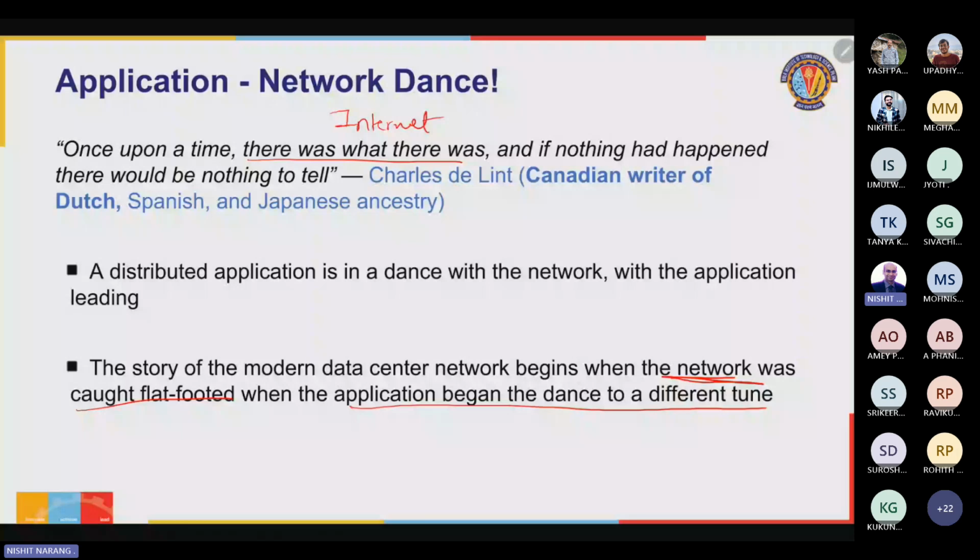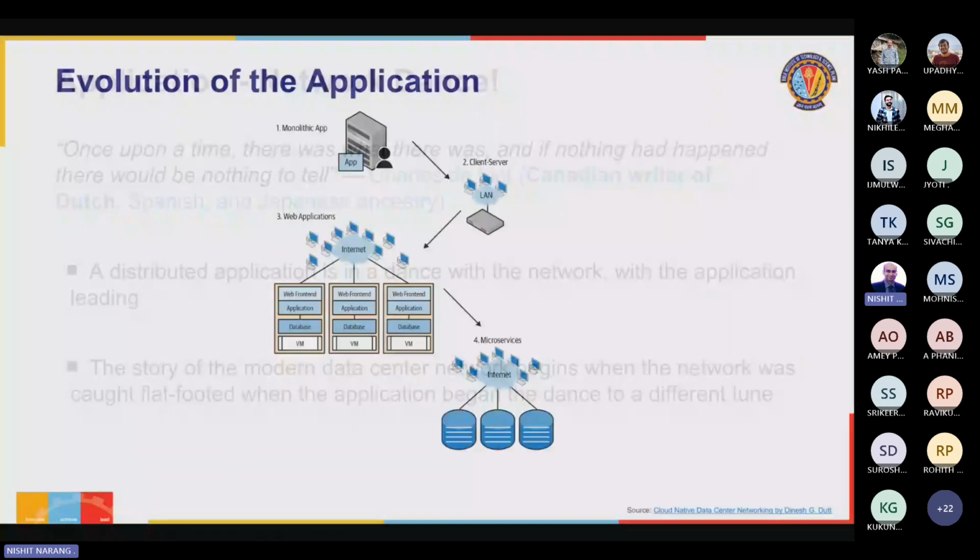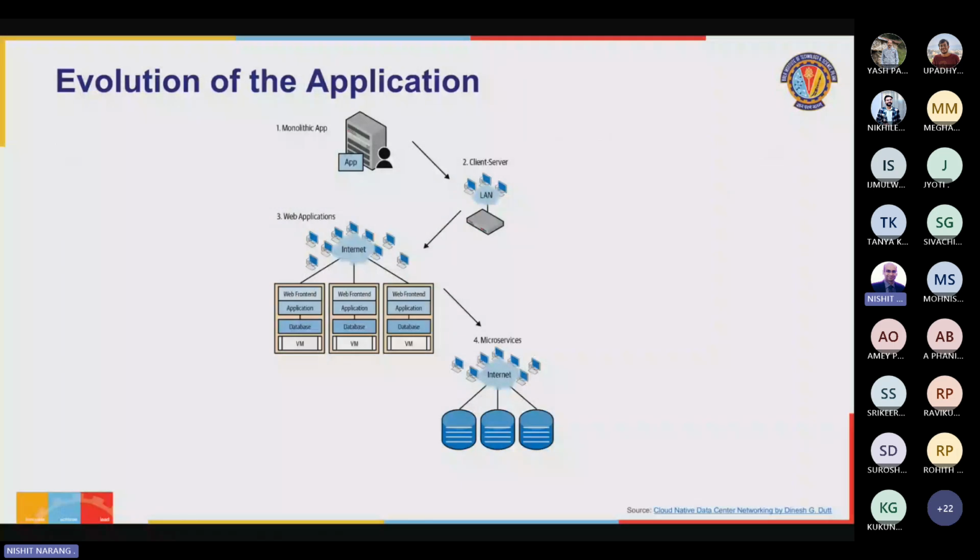So in the next 3-4 classes, we are going to see how the application started dancing to a different tune and why the network had to evolve, because it was just not ready. It was caught flat-footed when applications evolved into a kind of application that the network just could not support.